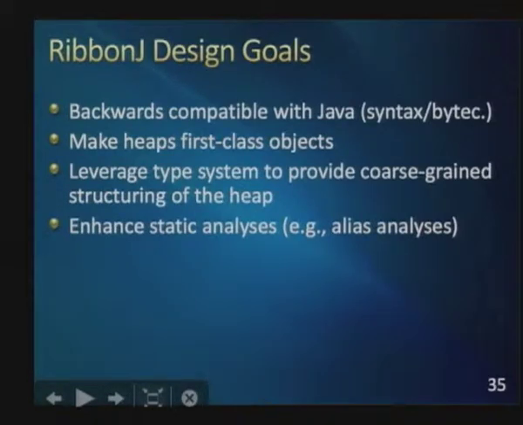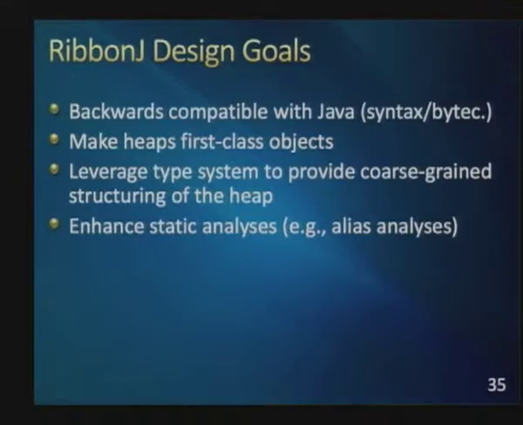All right, so we wanted to be backwards compatible, make it as easy as possible for existing programs to work on this. We wanted to make heaps first-class objects, so we didn't want some new type of concept in the system, just reuse the existing class and object ideas. We also want to leverage the type system to model these sort of patterns or types of protection domains that we saw in our example.